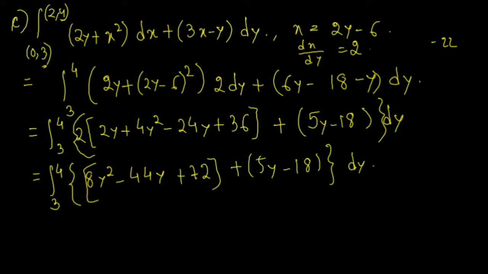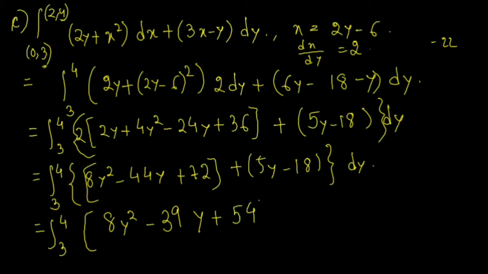Now this is equal to integration 3 to 4. Now this is 8y square, and this is minus 44y plus 5y, that is minus 39y, and 72 minus 18 is 54, dy.